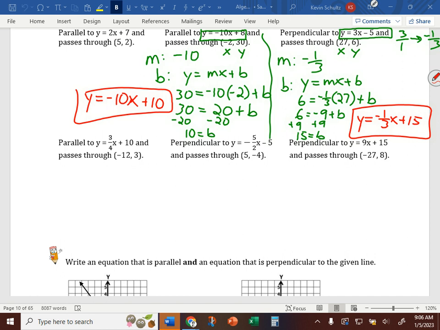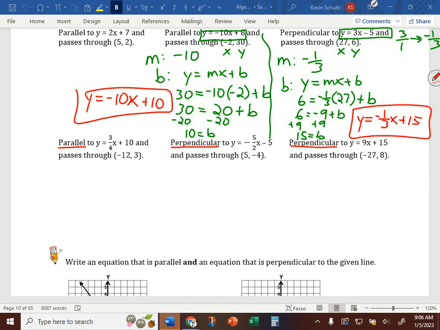Your assignment for tomorrow is to finish the page. These 3 here are exactly the same as the 3 examples that we did. You just need to pay attention to when you are dealing with a parallel line and when you are dealing with a perpendicular line, okay? And then do the appropriate process for that.